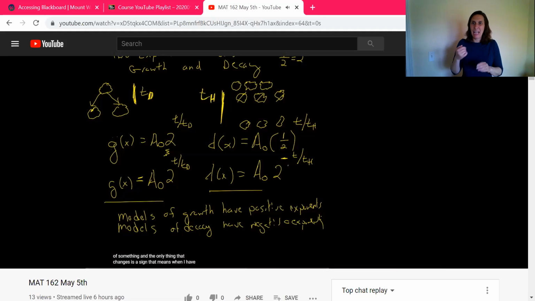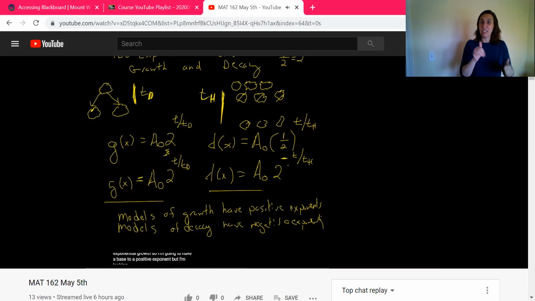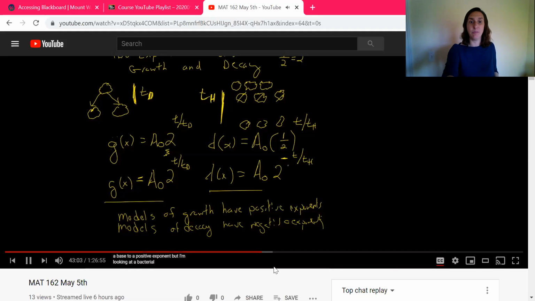That means when I have a word problem, and my money is growing, I don't go, well, what was the equation for interest compounded continuously? I go, that's exponential growth, so I'm going to have a base to a positive exponent. When I'm looking at a bacteria growth rate, I'm going, that's a bacteria.